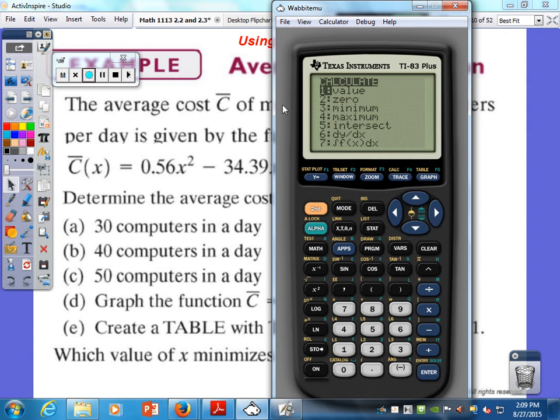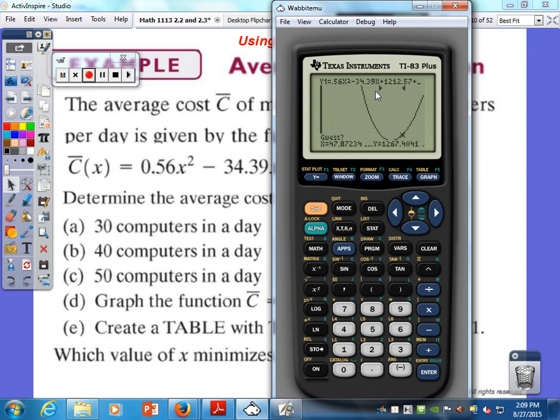So let's go and calculate the minimum. Second calculate, go to minimum. You guys should be a little bit familiar with this, because we sort of did this last time. Do you see how it's going to ask us the left bound and the right bound? So we're going to need to scroll a little to the left of where we think that minimum is, and then a little to the right. So I'm going to go through the minimum and hit enter.